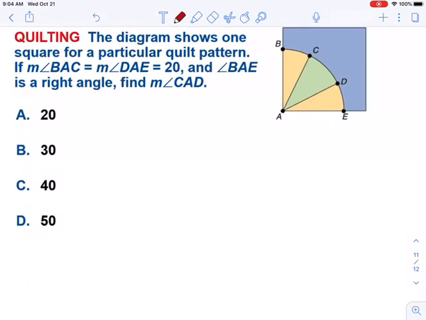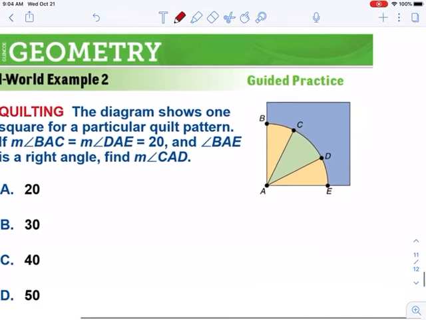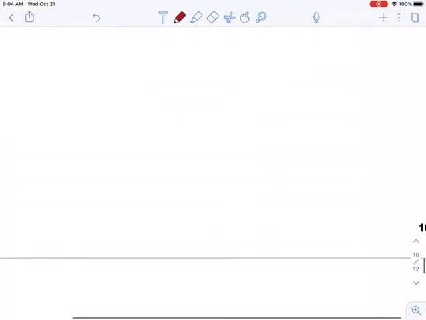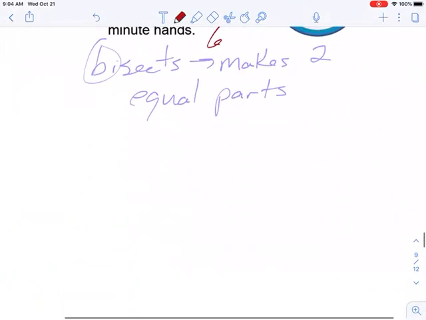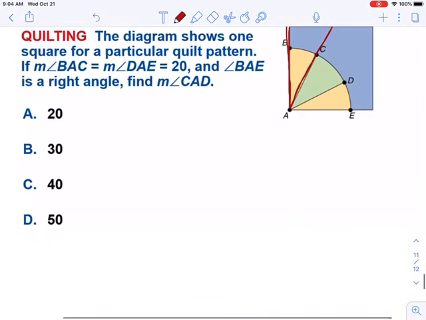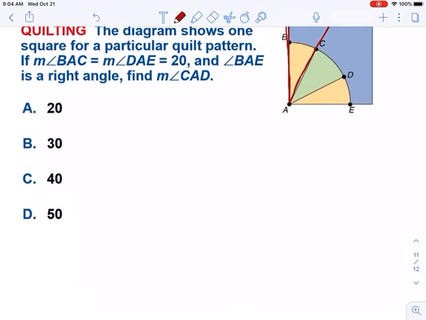This diagram shows one square for a particular quilt pattern. If the measure of angle BAC is the same as angle DAE, so we'll do the same color, they did the same color too, that yellowish gold color.